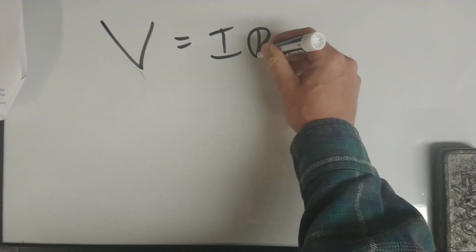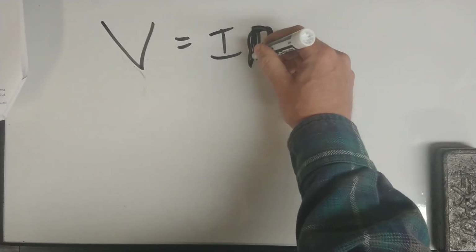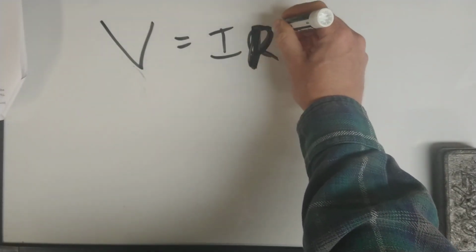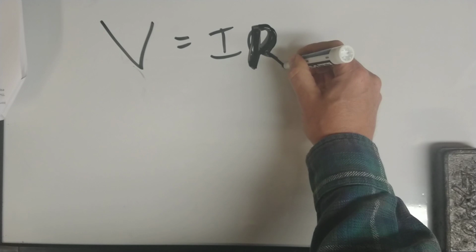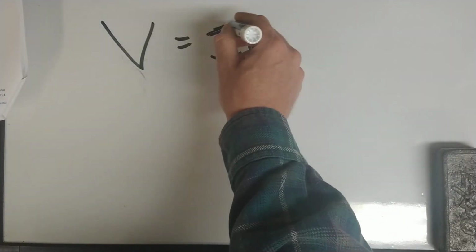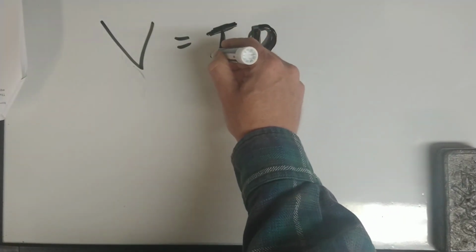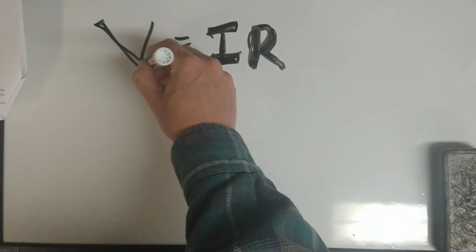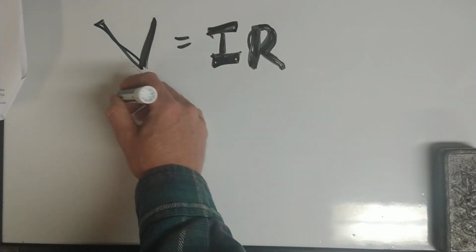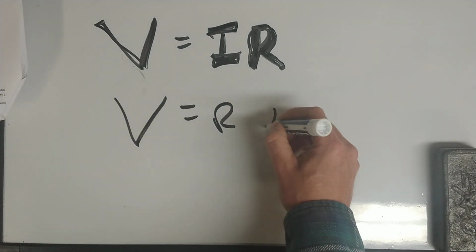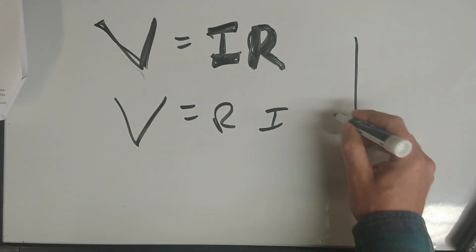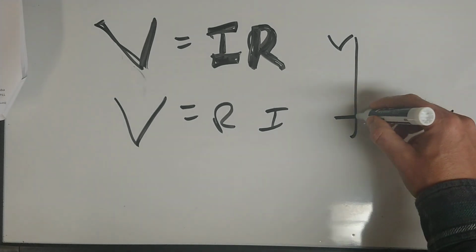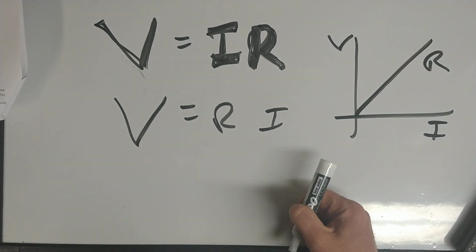We haven't talked about resistance a whole lot yet. In the circuit simulation lab, we're going to see how we derive resistance by controlling voltage, measuring current, and making a graph. It probably makes more sense to write this as V equals RI. If you plot voltage versus current, the slope of the line ends up being resistance.